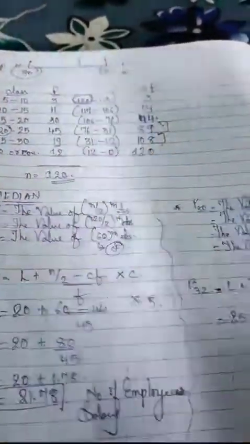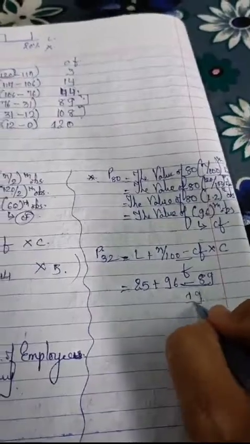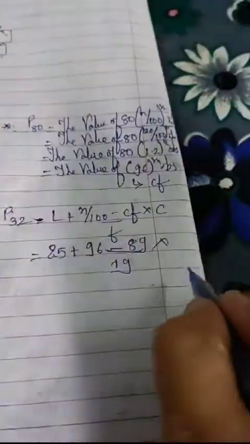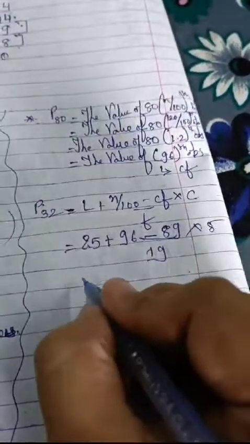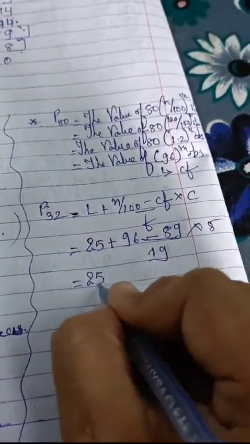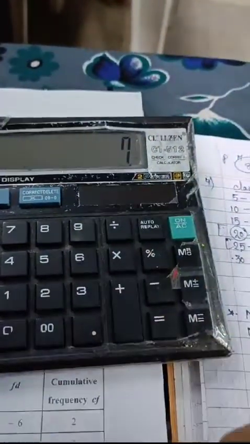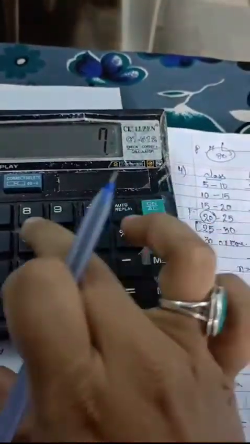F will be of the same class, that is 19, and C is what? 30 minus 25, that is 5. Similar. So first we are going to solve this part only. 96 minus 89, 7 into 5 the class width, that is 35.